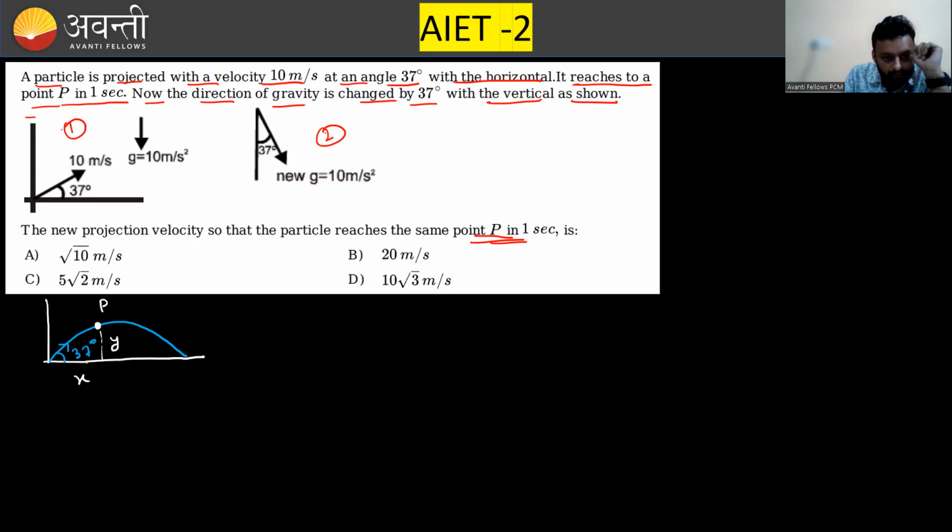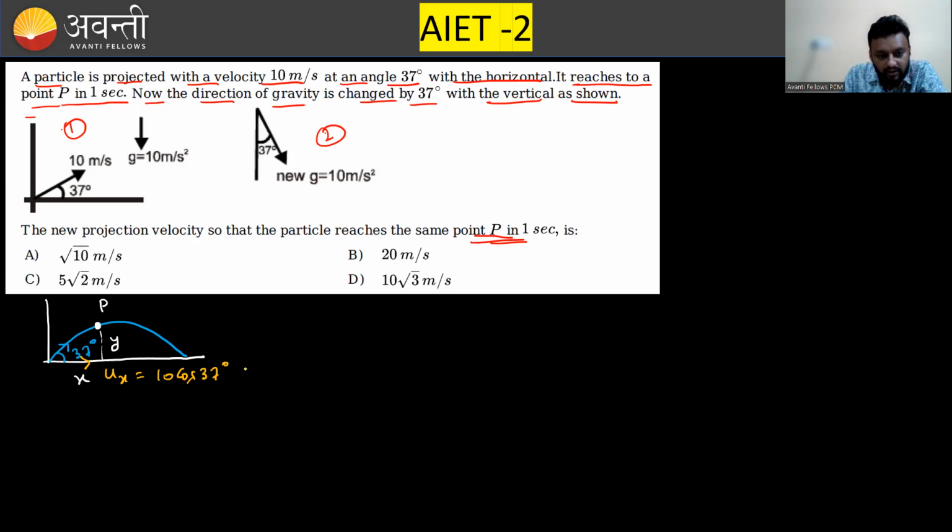If you see that, its horizontal velocity, I can say velocity in the x direction, is 10 cos 37. Is it clear to everyone? I'm taking the component. Initial velocity in x direction is 10 cos 37.